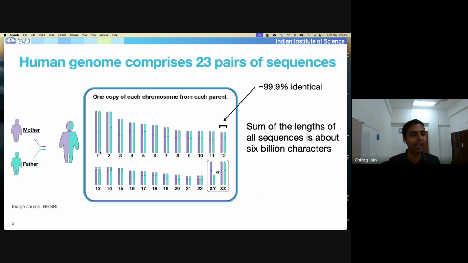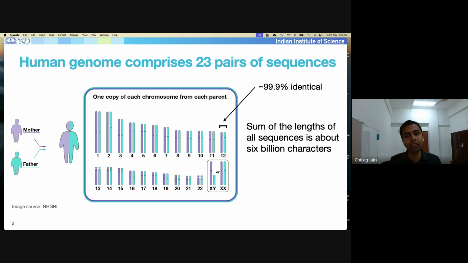One copy we inherit from our mother, and one copy from our father. Even though we call them copies, they are near identical sequences, because the genome of my mother would have small differences compared to the genome of my father. These two copies of every chromosome would be 99.9% identical on average, right?